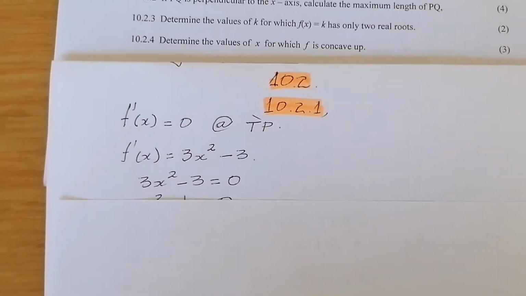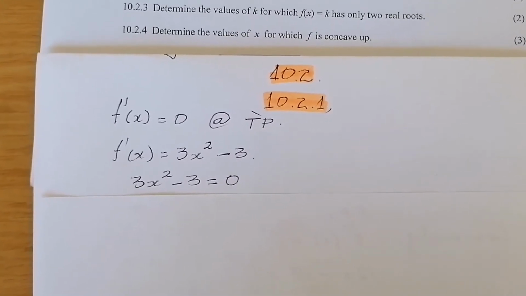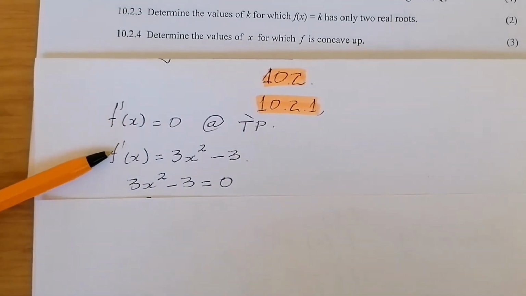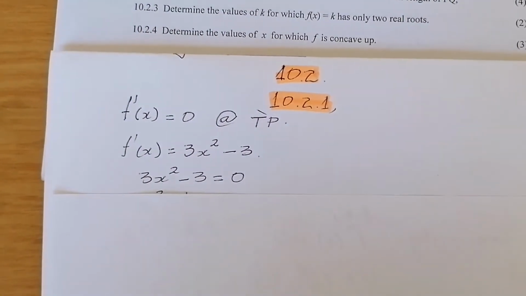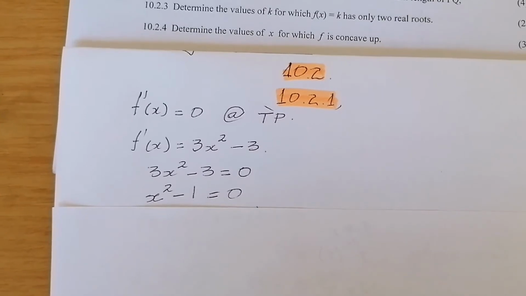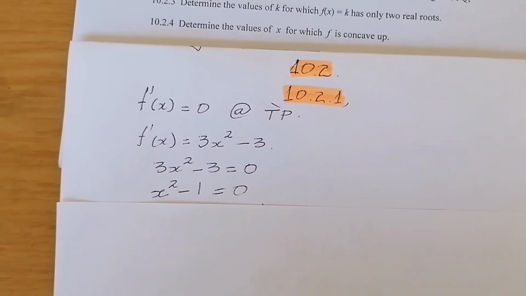Step number 2, I substitute 0, since we said that f prime x is equal to 0, next step, I divided by 3 throughout.